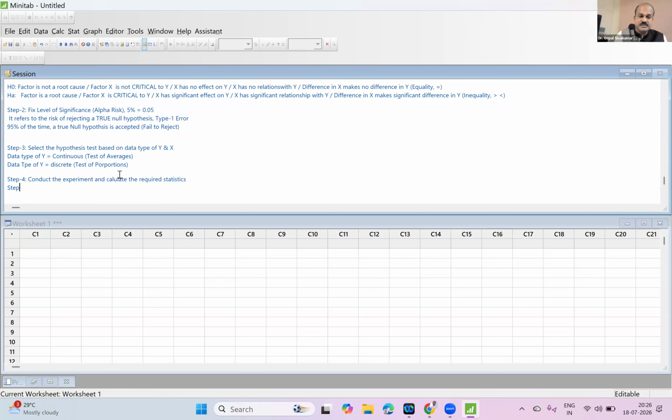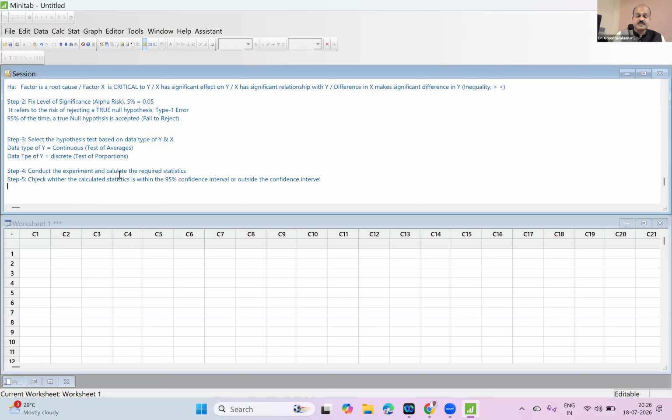Step number 5. Check whether the calculated statistics is within the 95% confidence interval or outside the confidence interval. Right?